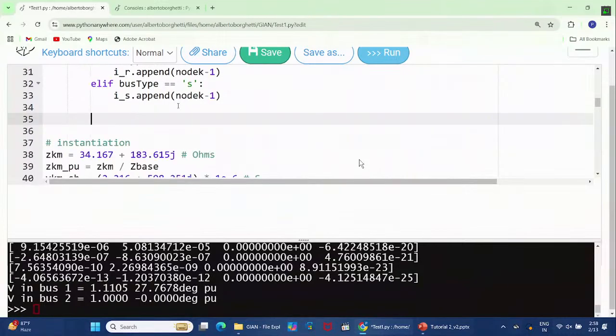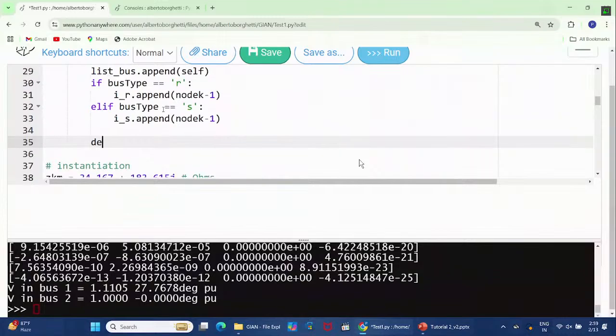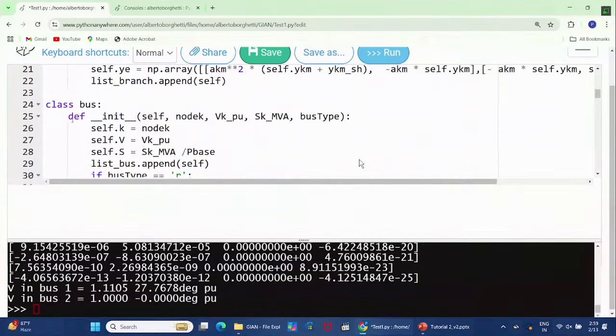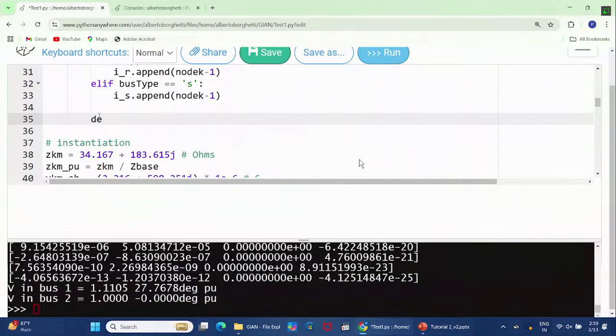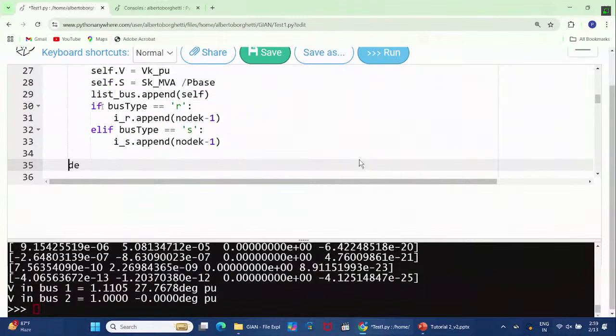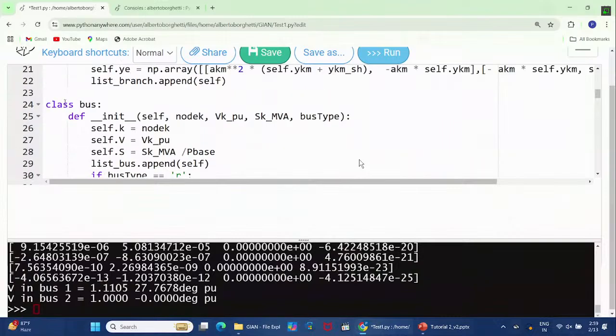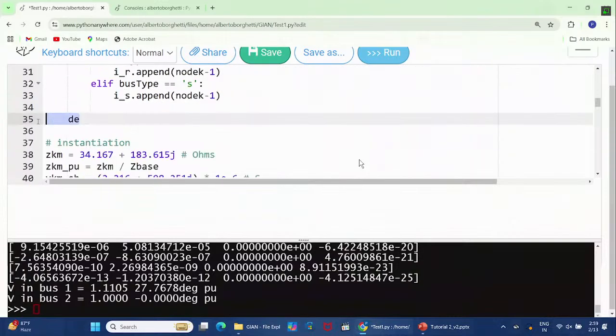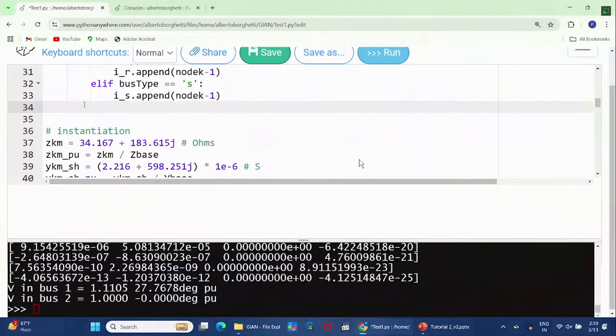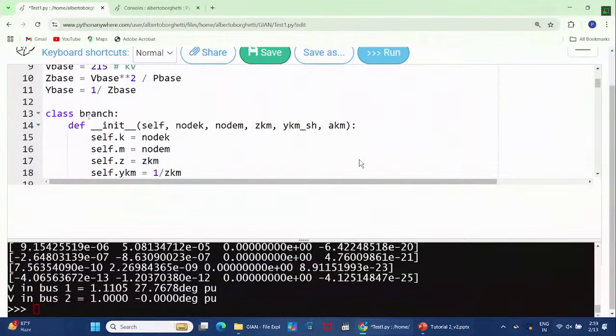So we can take here def. We are inside the class, so we need just one indent, because if we put in two, we are inside this function. We need to be inside the object, not class bus, but class branch. So I do apologize, I'm going to the class branch.